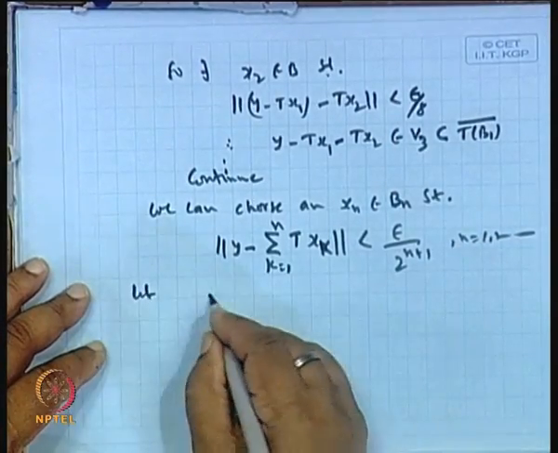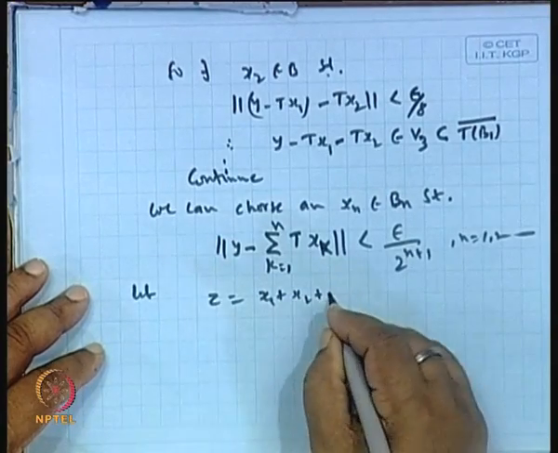Now, let us take z n to be x1 plus x2 plus up to x n.